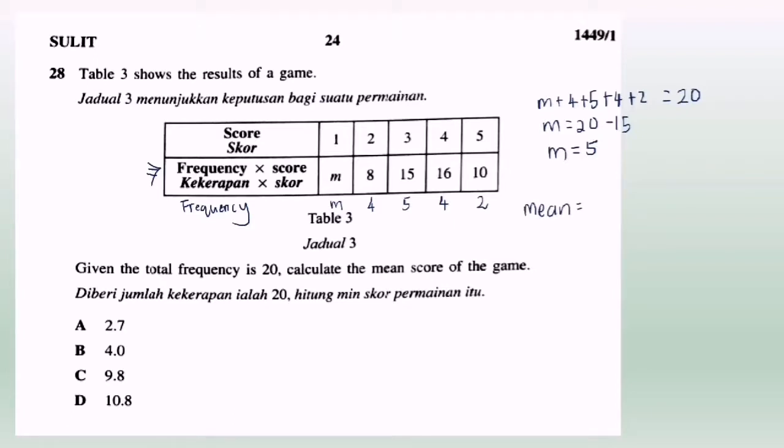So the mean is frequency times score divided by total frequency. We can use this value. Just now M is 5. So 5 plus 8 plus 15 plus 16 plus 10, divided by 20, equals 2.7. So the answer is A.